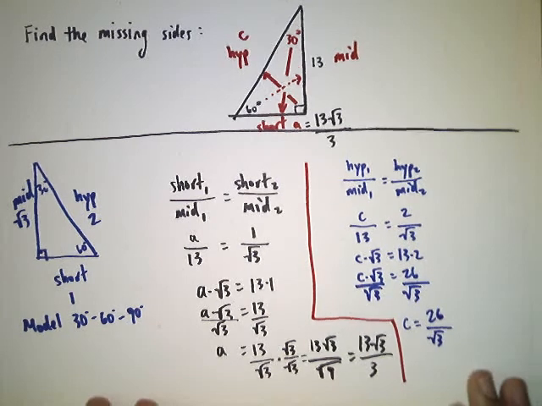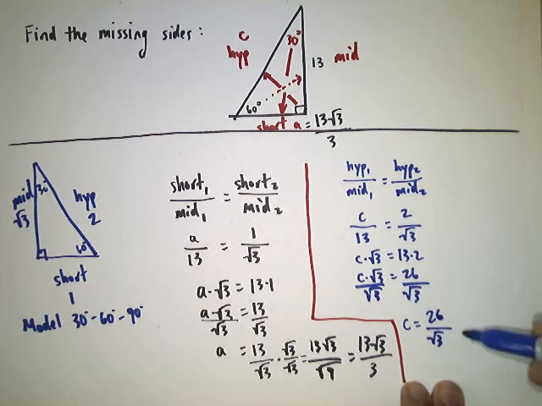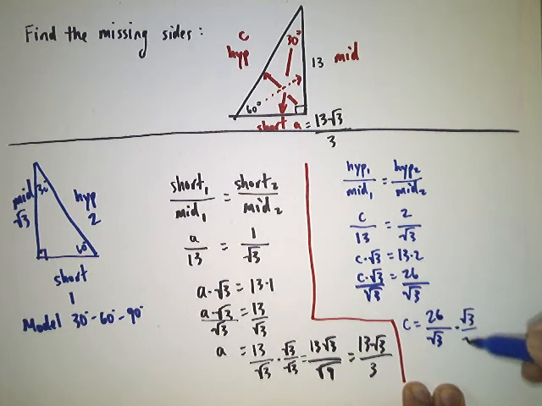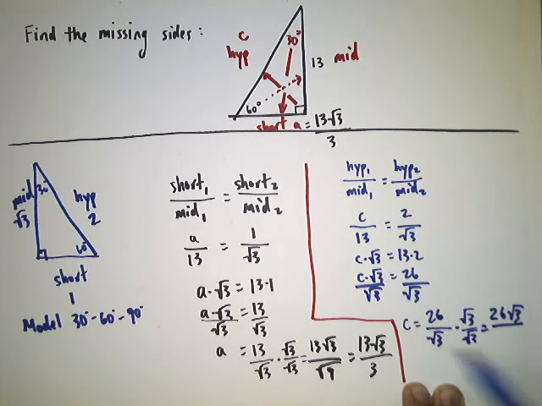Again, really impolite. It's just really gross. So we got to deal with that. And again, we deal with it by multiplying by this creative form of 1. We take whatever's on the bottom. We say, okay, we'll multiply by root 3 divided by root 3. Well, that means 26 root 3 on the top in the numerator and the square root of 9 in the denominator, which means 26 root 3 divided by 3.